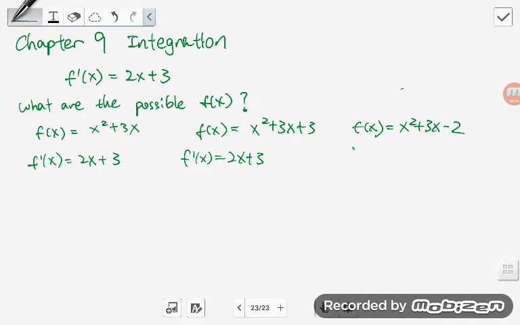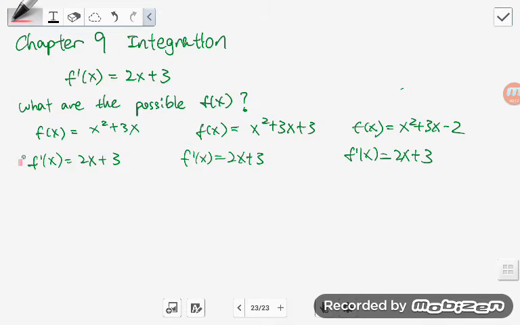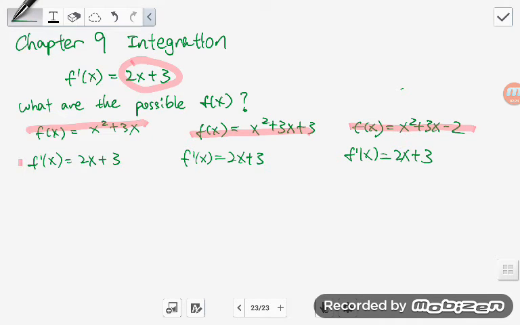Right? So the next one, f prime x is equal to 2x plus 3. So we see that all of these three functions, they all have a derivative of 2x plus 3.